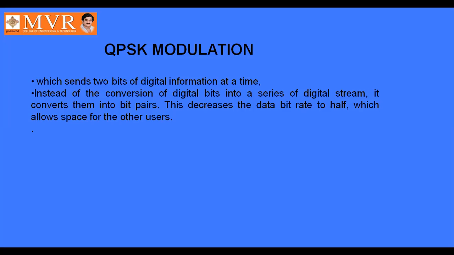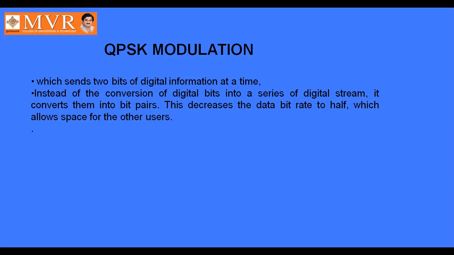We know that PSK means phase shift keying. Here the phase of the carrier is shifted between zeros and ones. When the input signal moves from 0 to 1, the phase is varied, and when the input signal moves from 1 to 0, again the phase is varied. This is called PSK modulation.